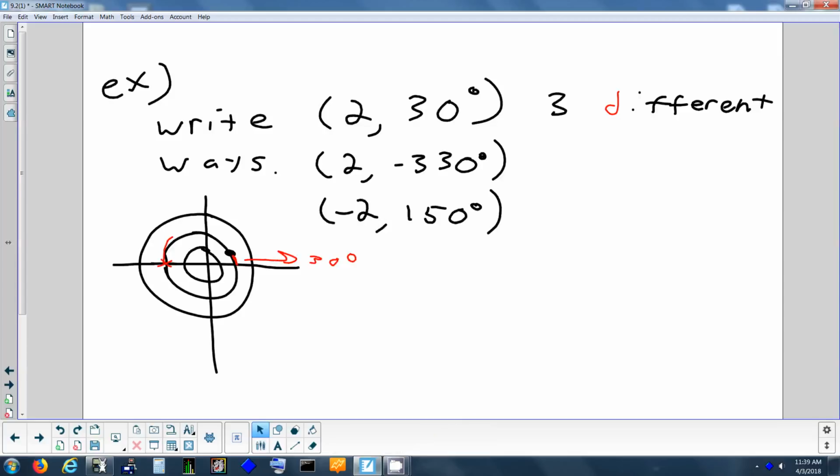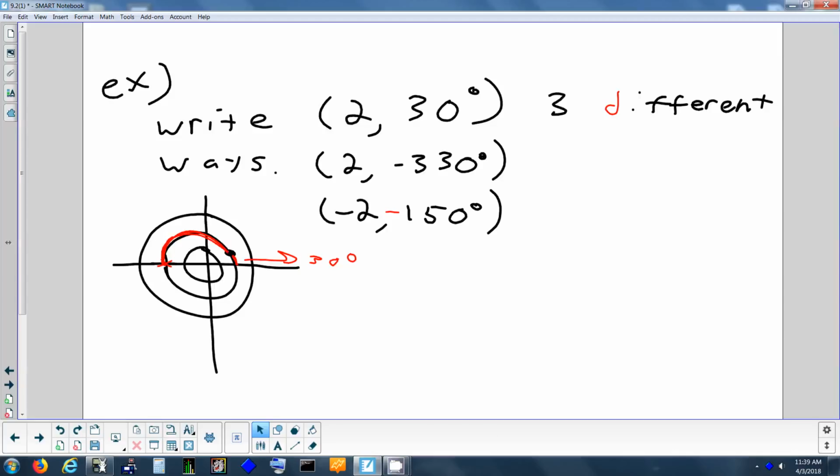So we're going 150. Well, I think you're going to need negative 150. Because if you want to go negative, that's the clockwise direction. Going that way is negative. So you're almost all the way around, but you're 30 degrees short. So that's why it's negative 150.